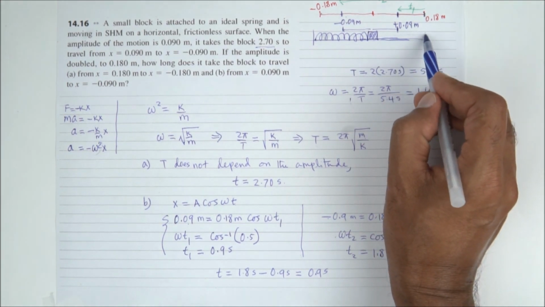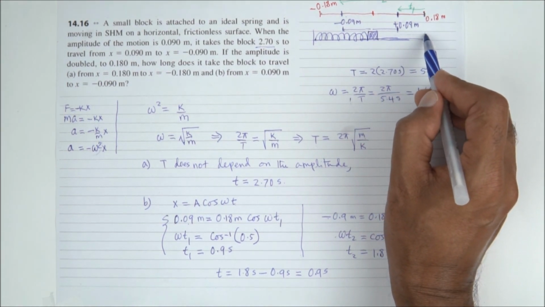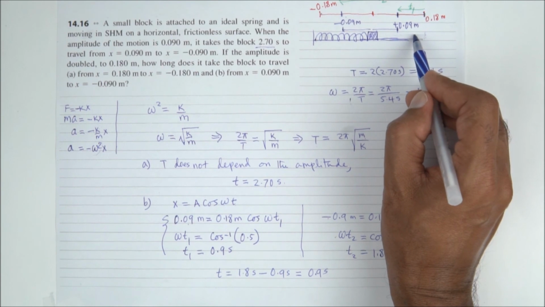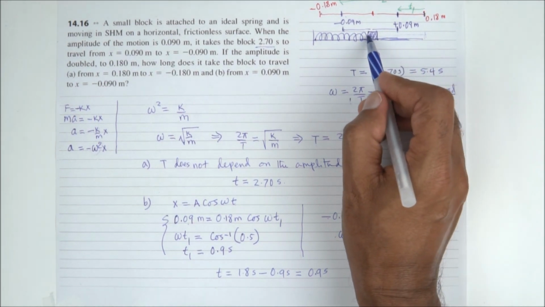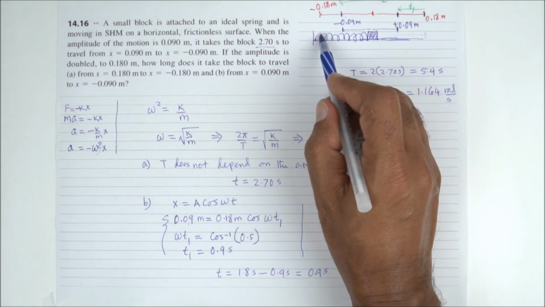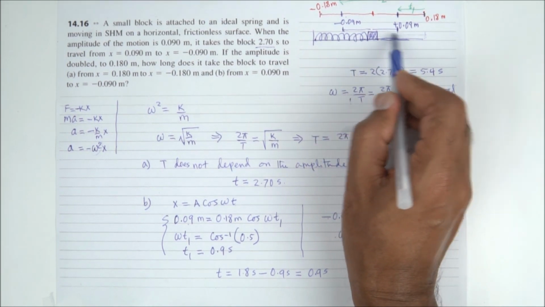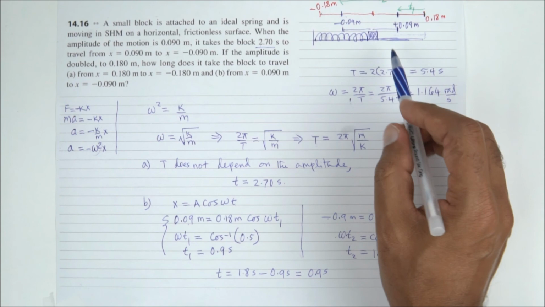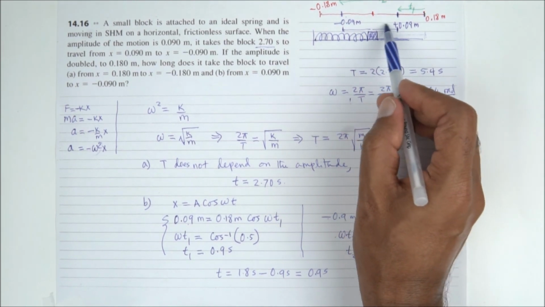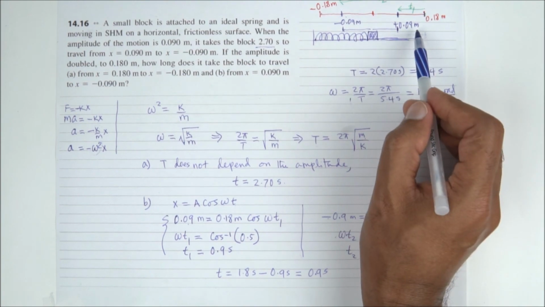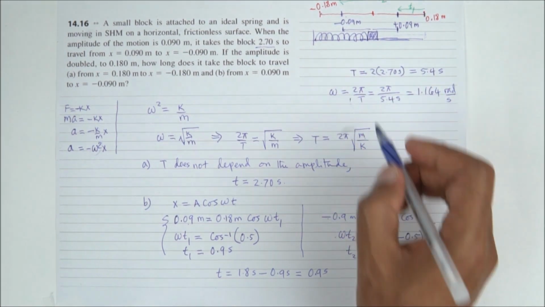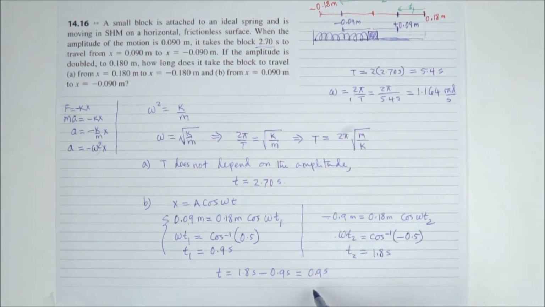It will be the slowest at the end, where the velocity would be 0, and when it comes back it will start to speed up, reach maximum velocity, then slow down, and the velocity will be 0 again, and so on. So right around this area, the object is moving really fast compared to the ends. That's why around this area it only takes 0.9 seconds. That's all.